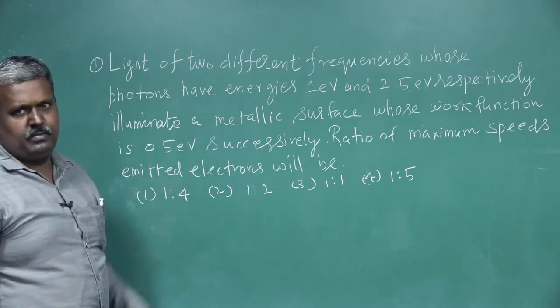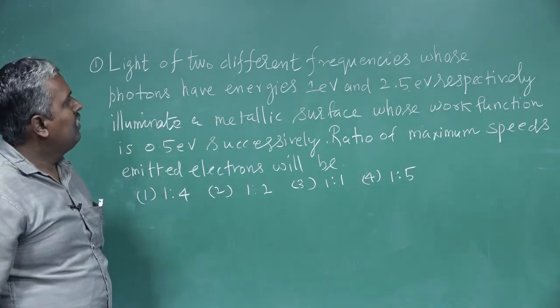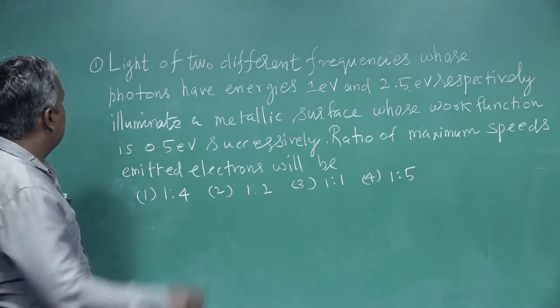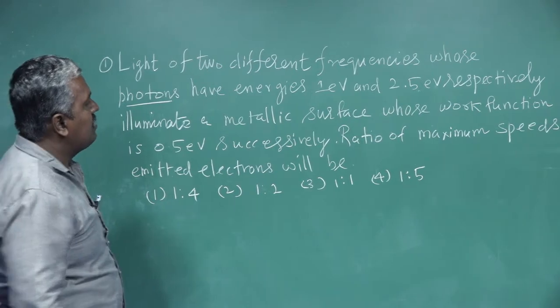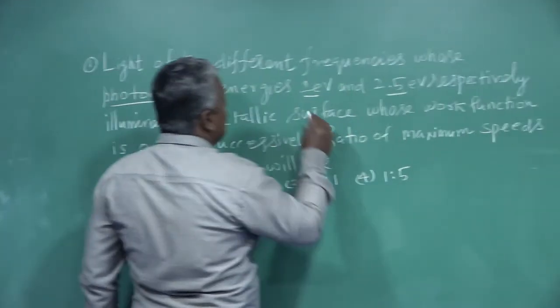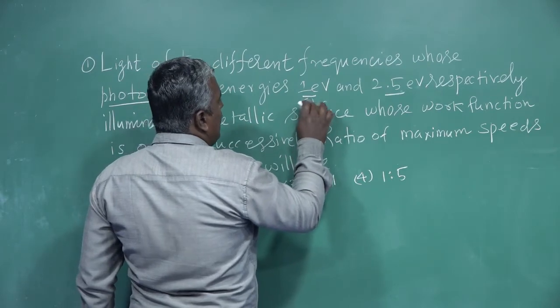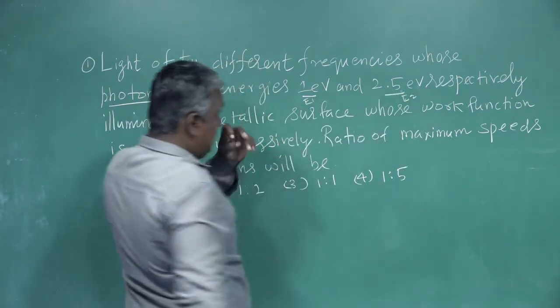So different energy, not the same. Whose photons have energies 1 electron volt and 2.5 electron volt, so E1 and E2 respectively.